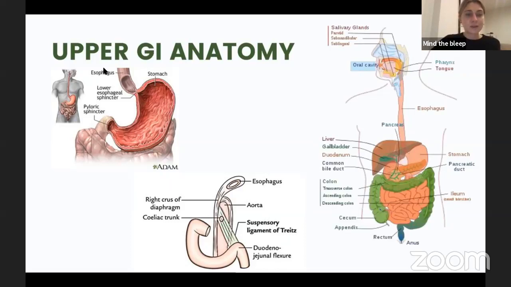And then if you could focus for a second on the top left-hand corner, this is going to be relevant to the pathology we're going to discuss in a second, the gastroesophageal reflux disease. So if you look in here, you have the esophagus, and that is joined to the stomach at the gastroesophageal junction. And this contains the lower esophageal sphincter.